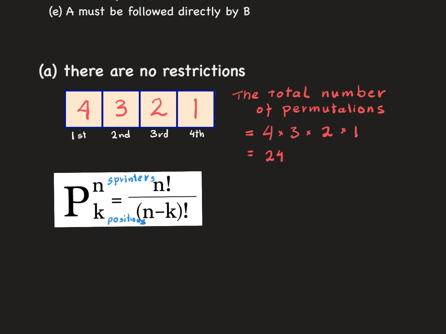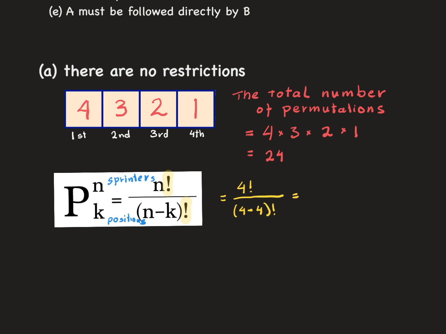Okay, that's going to be hard to fit in. And hopefully you understand that exclamation mark refers to a factorial number. So using this formula, we have 4 sprinters, so it'll be factorial 4 over n being 4, take away the 4 positions, and that's all factorial.